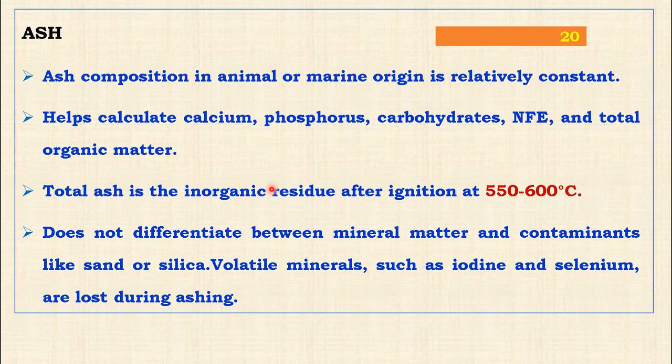We need to see the content of the minerals. Volatile minerals, then iodine, and also selenium are lost during the ashing process. The muffle furnace also uses a lot of energy to develop the tremendous quantity of heat, and everything is incinerated, meaning burnt out.